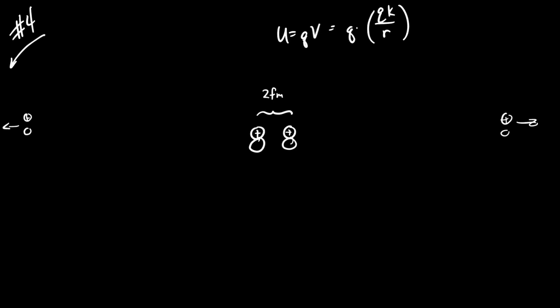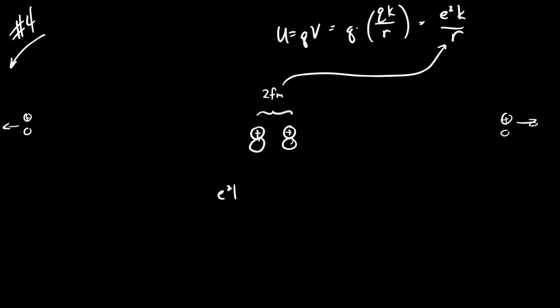Now, a deuterium atom is a proton and a neutron. So this ends up being the charge of a proton, which is E squared K over R. That's the amount of potential energy that would exist in the combination of both deuterium atoms when they are 2 femtometers apart. So I'd have to put 2 in for this. That'll get you a number.